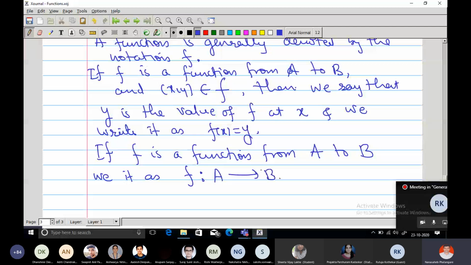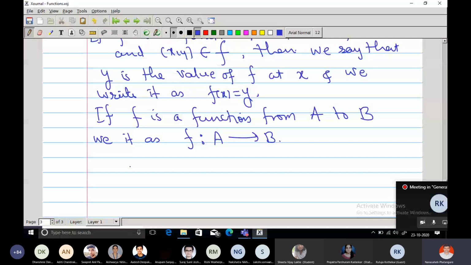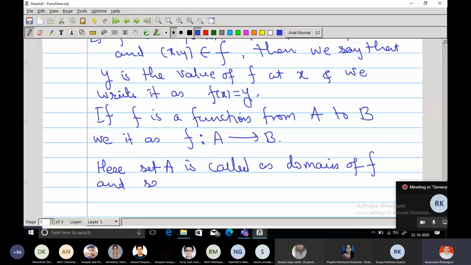What does it mean? f is a function from A to B. So here set A is called the domain of f, and set B is called the codomain.